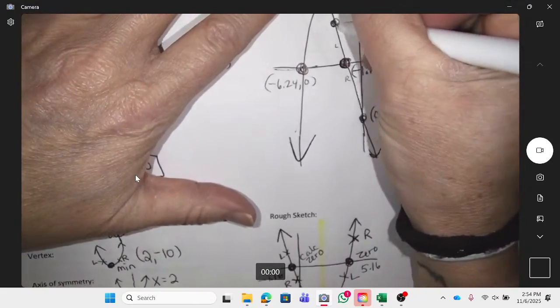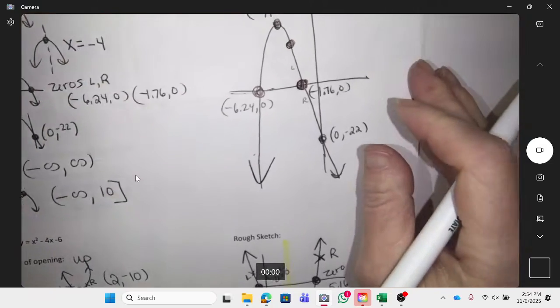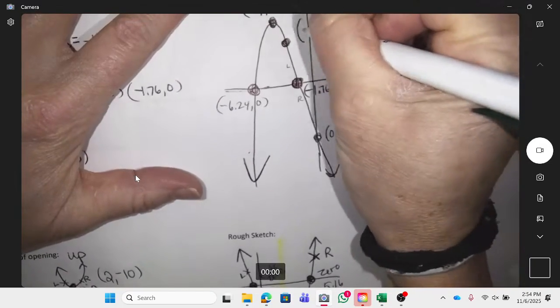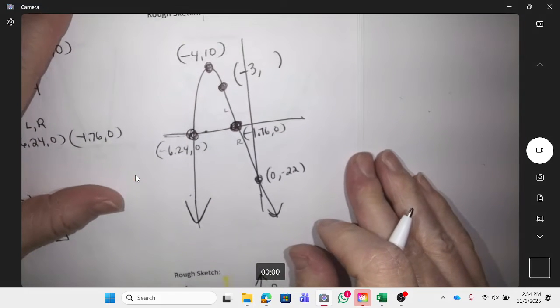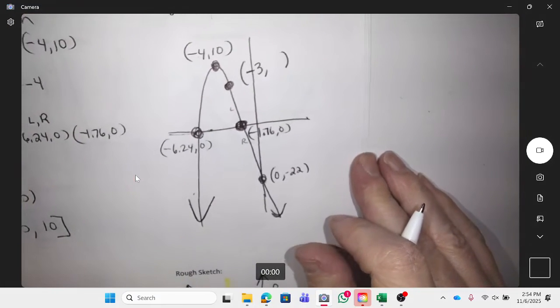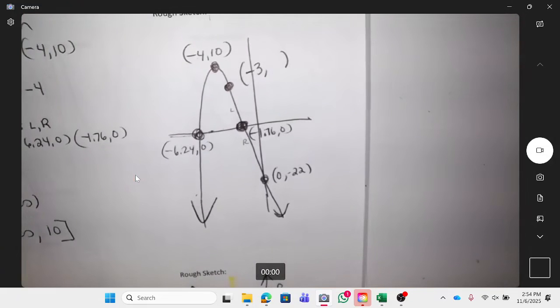Okay, here's an extension question. Can you figure out this coordinate? -3 comma something. What would you do to get me that coordinate there? Should take you 10 seconds. What should you do? If you know x, what's the rule? Tell it to go there.